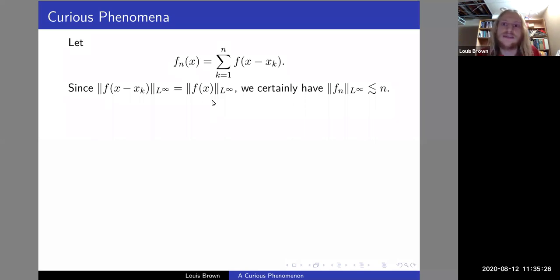So we definitely have that the L infinity norm of f sub n is at most on the order of n. You can imagine that if each of these f's has maximum value 1, then when we add them up, we're going to get at most maximum value n. That would happen only if all of those maxes are at the same points, but it won't because we're shifting them.